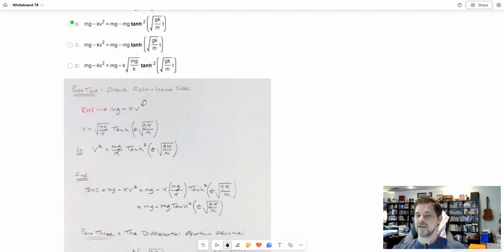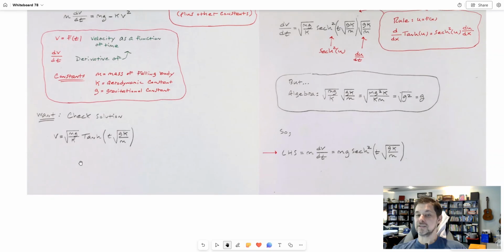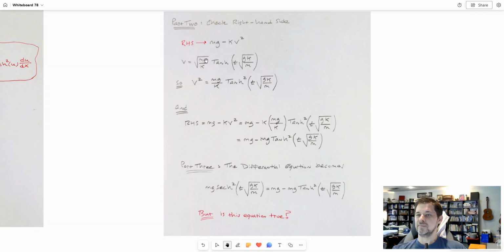So the only thing I think that is of any difficulty in the right-hand side is figuring out what v squared is. So if v, that function that was proposed to be a solution from the very beginning, if that is root mg over k hyperbolic tangent t root gk over m, to square that, squaring this whole thing, would square this coefficient, mg over k, and square the hyperbolic tangent squared.